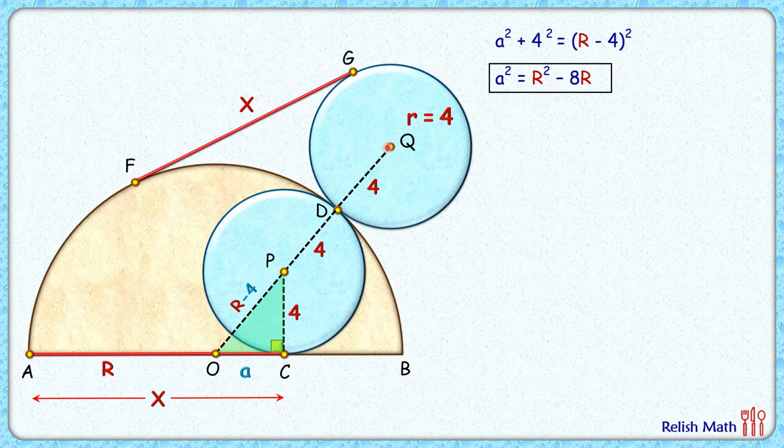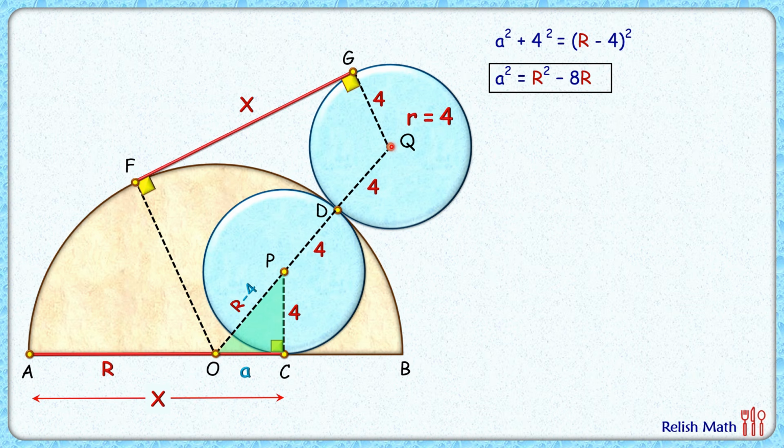Now from point Q, let's join QG. QG is the radius and we know the radius is perpendicular to the tangent, and this radius length is 4 centimeter. Again, with respect to this brown semicircle, let's join this center O with this point of tangency F.